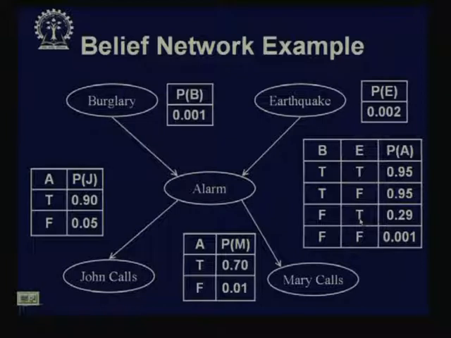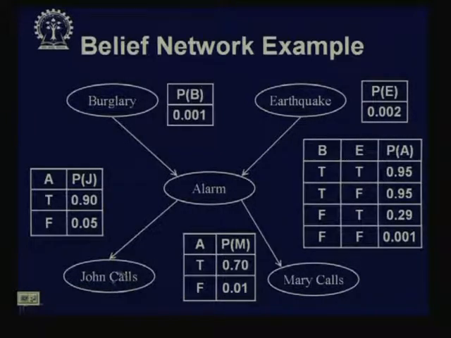If there is an earthquake only, then sometimes it rings, 0.29, and if none of them is there, then also sometimes, for some spooky reason, it rings. So this is the probability of the alarm ringing with respect to these conditions, burglary and earthquake. But here you see these two, which have no parents, have a priori probabilities.